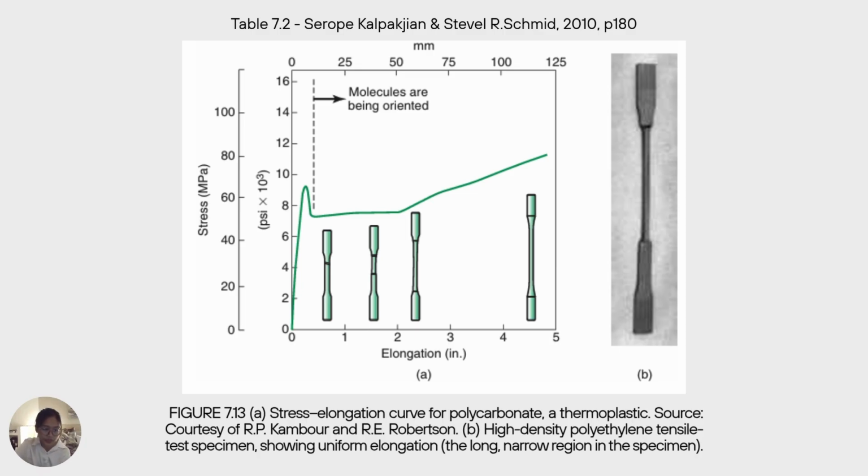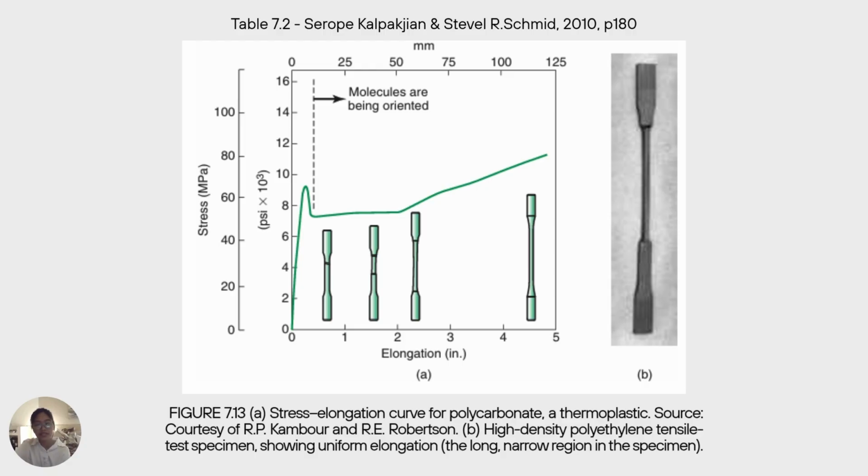Moving on to B, the tensile test specimen. On the right of the figure, you can see the tensile specimen of a high-density polyethylene after testing. Notice the long narrow region in the middle of the sample. This is where the material has necked and elongated uniformly.